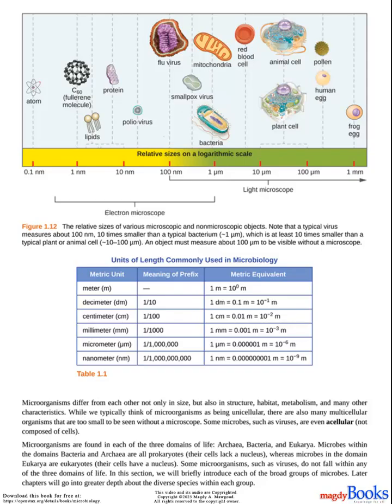Figure 1.12. The relative sizes of various microscopic and non-microscopic objects. Relative sizes on a logarithmic scale. Atom. Electron microscope. C60, fullerene molecule. Lipids. Protein. Poliovirus. Flu virus. Smallpox virus.